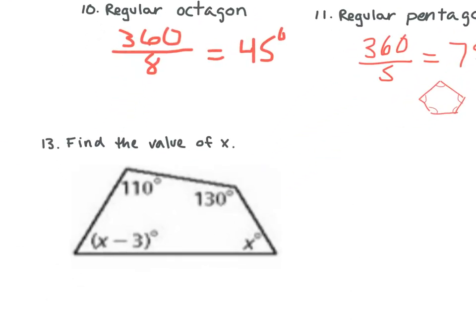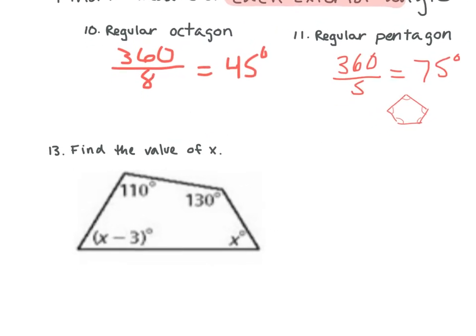So let's look at 13. So here we have an irregular shape where we have to find the value of x. So how do we find x? X minus 3 equals 130. X minus 3 plus 110 is equal to 90. Is it number 11? I got 71 for 11.